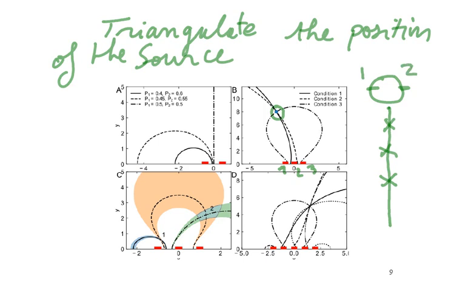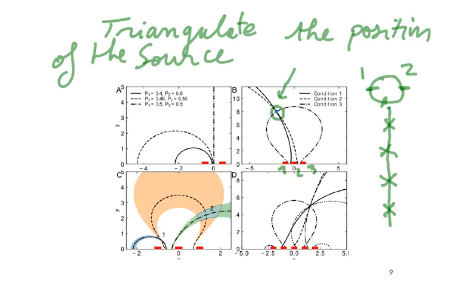So basically with only 2 clusters or 2 receptors, you cannot triangulate, because there will be one line of degeneracy, which is the manifold where you can find the source. But with 3 points, you can actually define and recover the location. And this is what is shown in this example here.